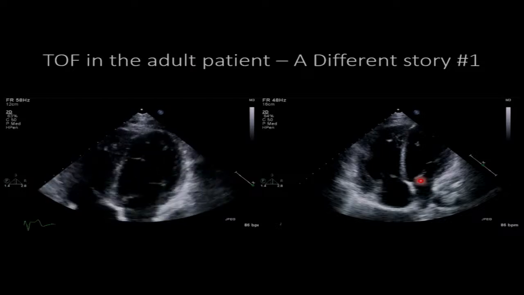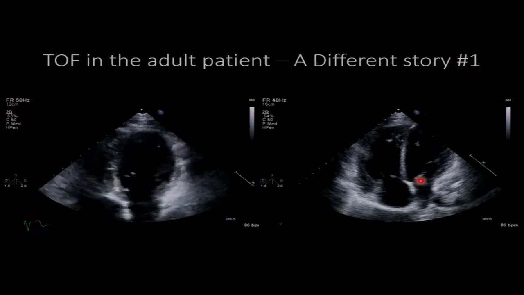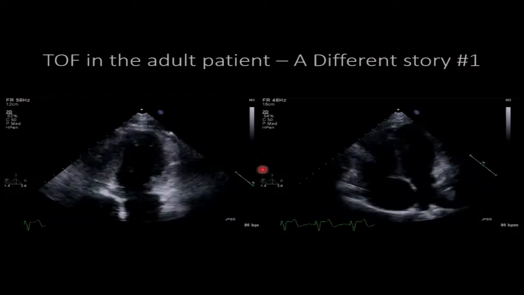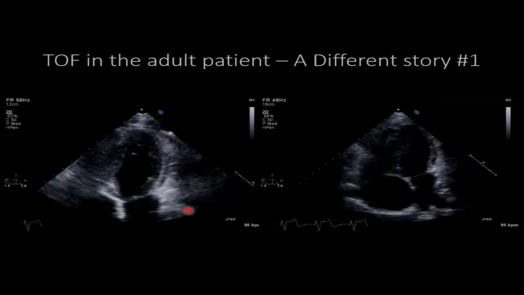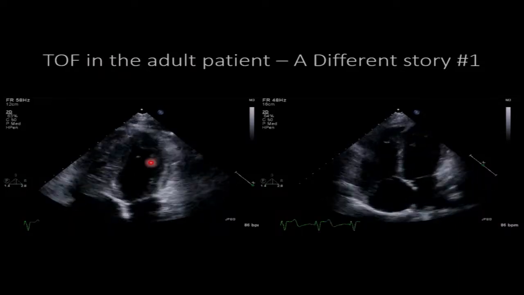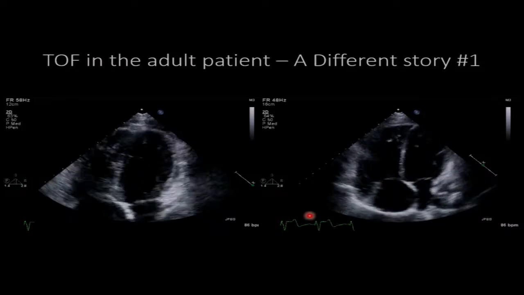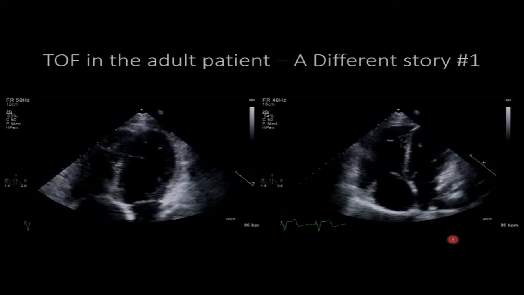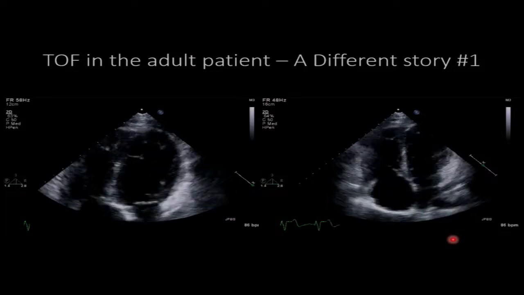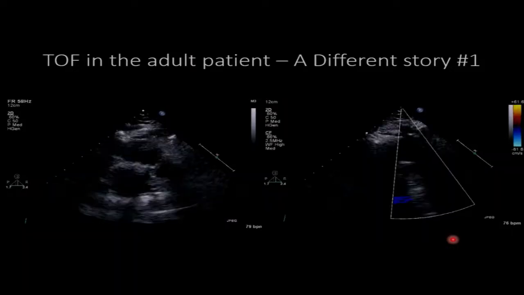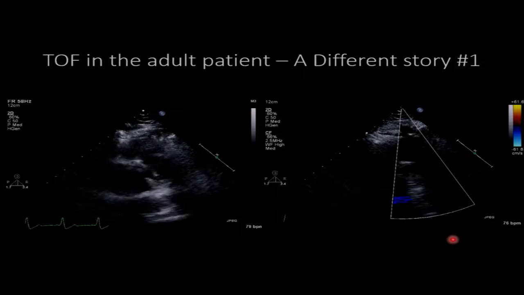Imaging the right ventricle is very important in tetralogy of Fallot. Sometimes when you obtain your usual 4-chamber views, your RV may be foreshortened, so you have to perform dedicated imaging of the RV. Most patients will have some degree of RV dilation.